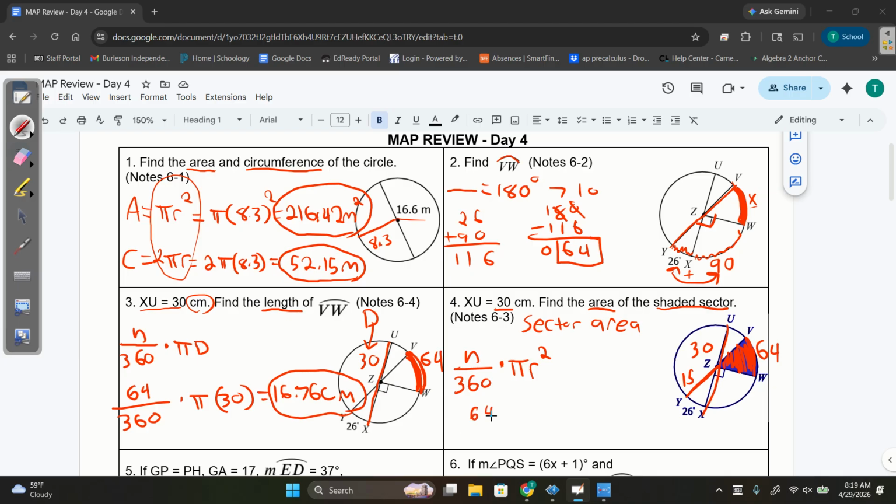N is 64 over 360 times pi radius squared. And I should get 125.66 centimeters squared because we're finding an area here. The area of this pizza slice is this. Let's move on.